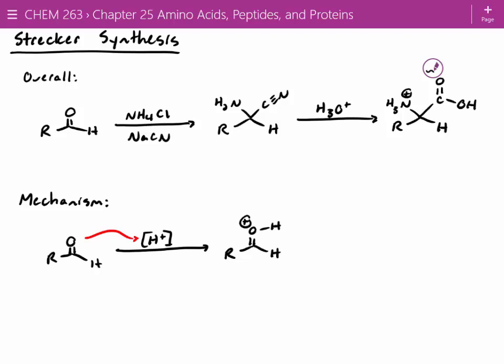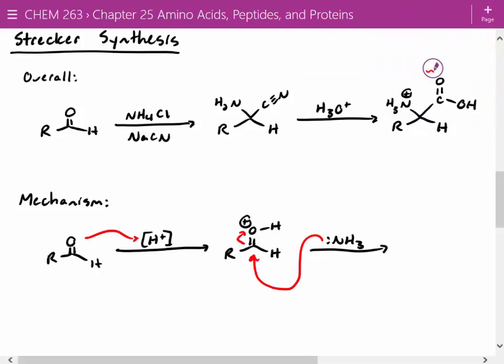And we can protonate that carbonyl. Now we've got a free ammonia molecule in solution. So this can add into our aldehyde, kick up electrons.